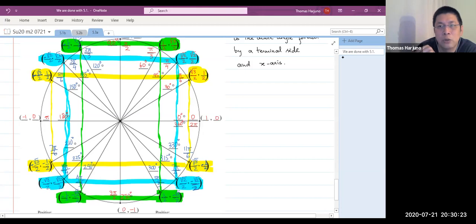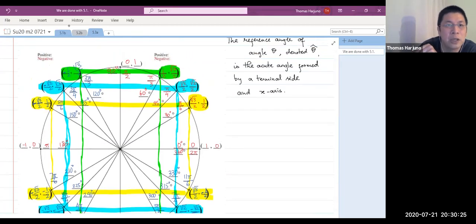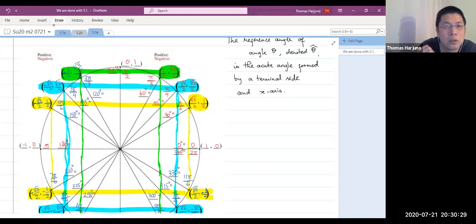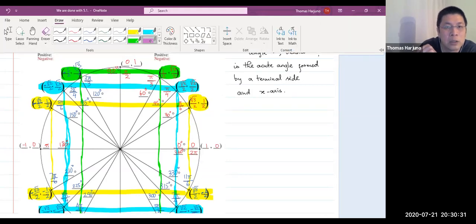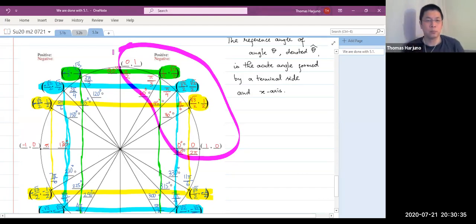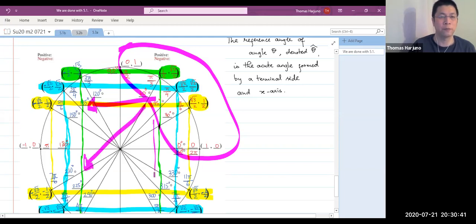You will need to memorize this part, especially the one here. You need to start from here. From there, you can go to the second quadrant, the third quadrant, the fourth quadrant.